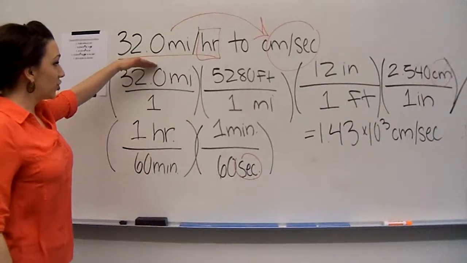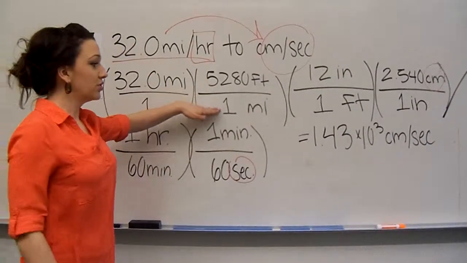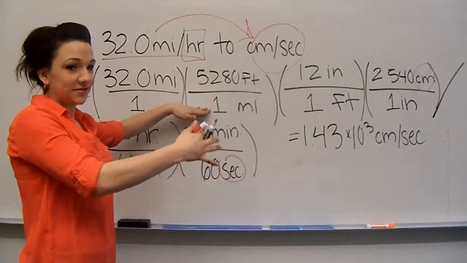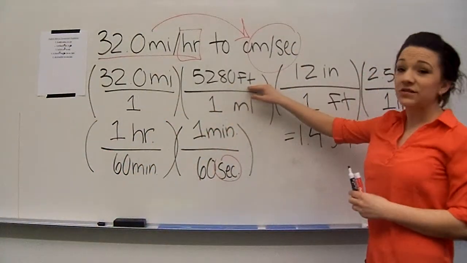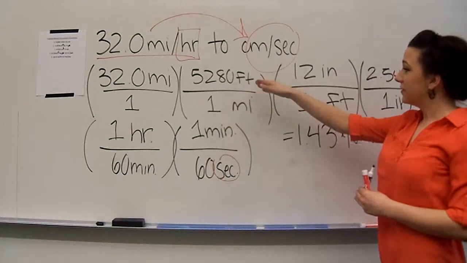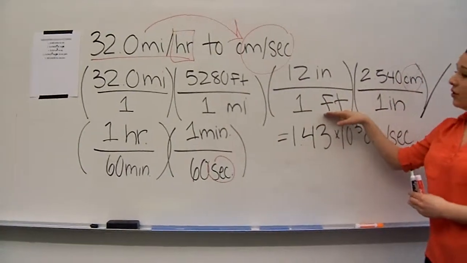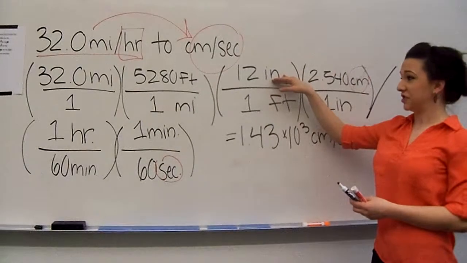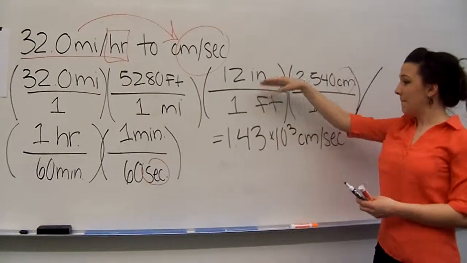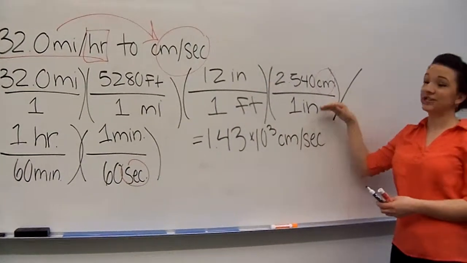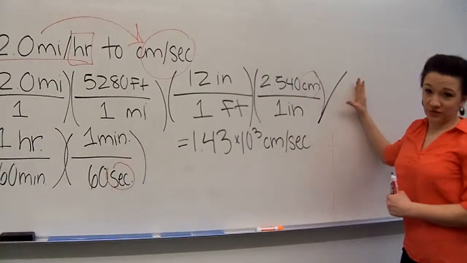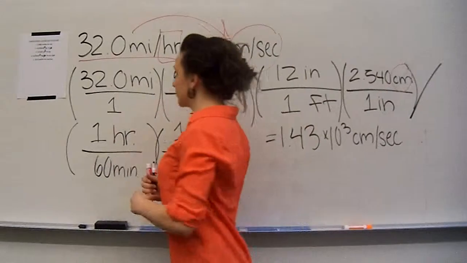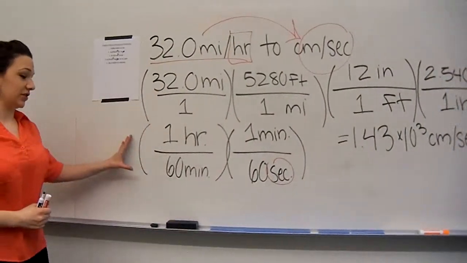So we have 32 miles, which the units match 1 mile. 1 mile is equal to 5,280 feet. Feet matches 1 foot. 1 foot is equal to 12 inches. 12 inches matches 1 inch. 1 inch is equal to 2.540 centimeters. That was the first portion. Now we move to our second portion.